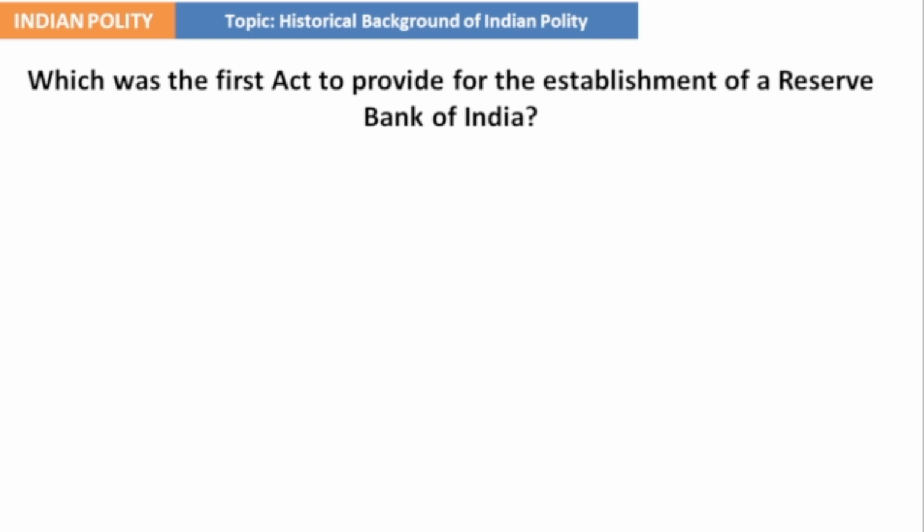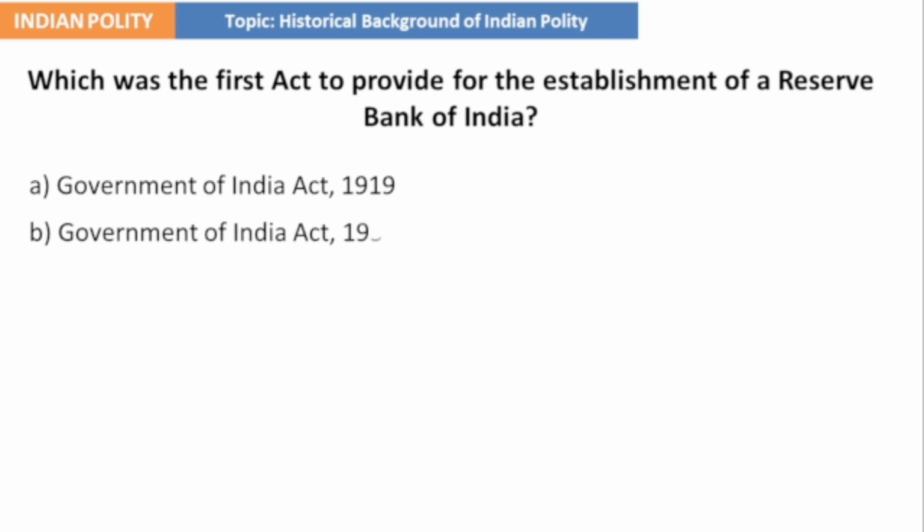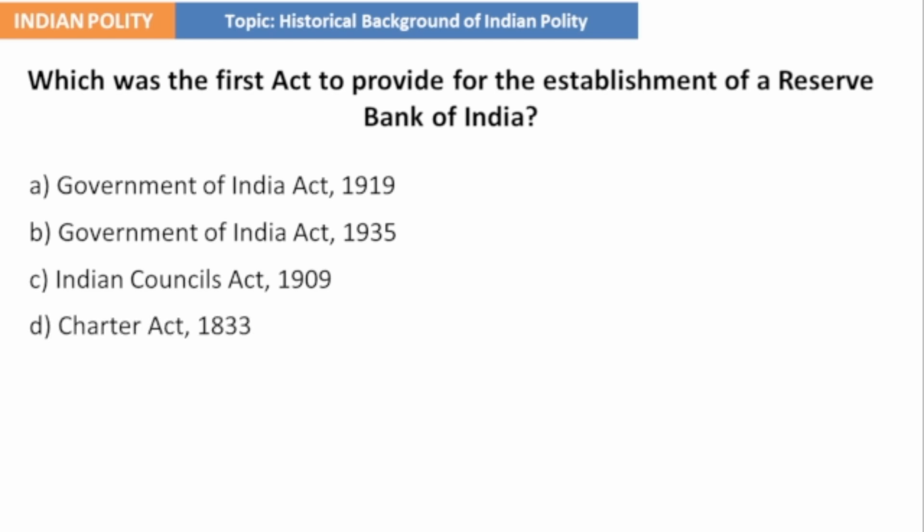Which was the first act to provide for the establishment of a Reserve Bank of India? Answer is option B, Government of India Act 1935.